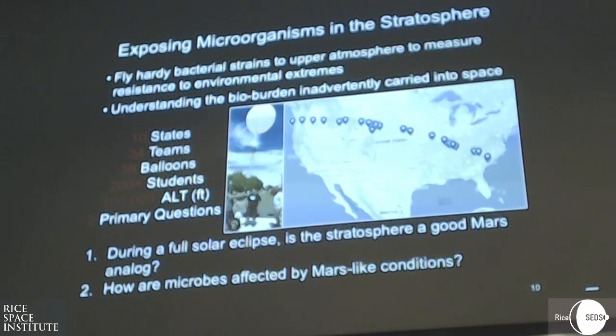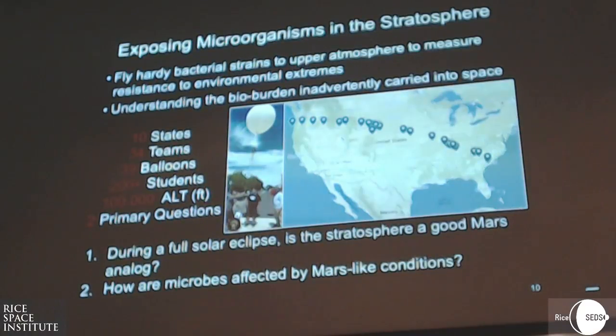But this also provided us an opportunity to do an experiment in planetary protection. What we wanted to do was put on board each of these balloons, or as many of them as we could, and it turns out instead of all 57, we got the experiment on 39 balloons. Here they are arrayed across the eclipse path.